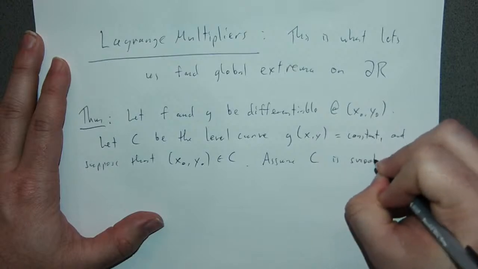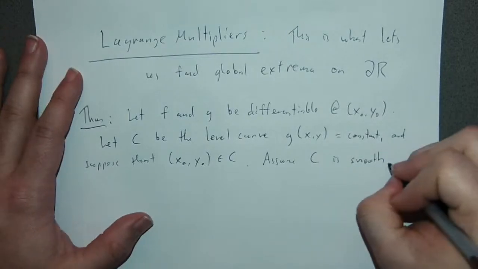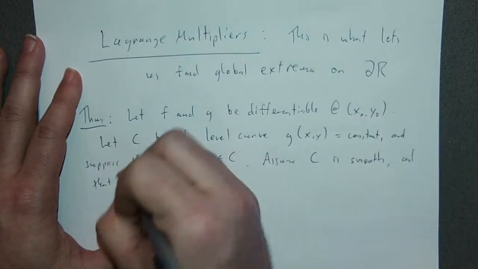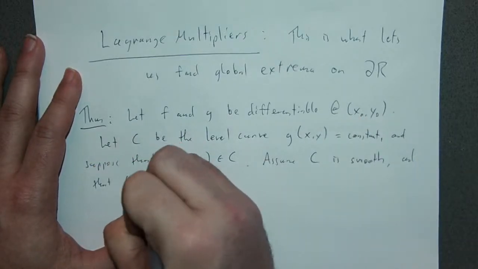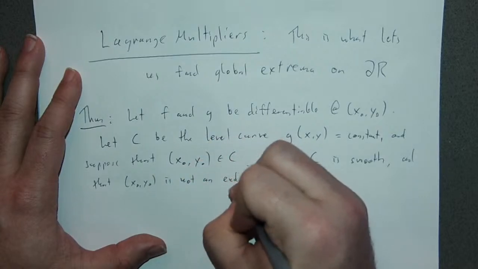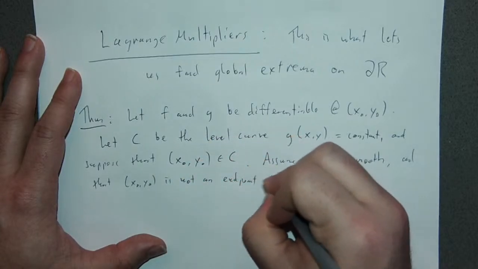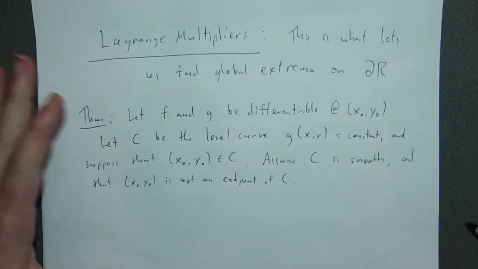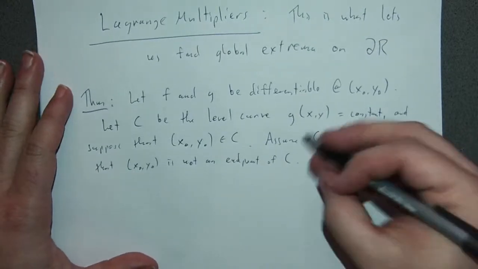We know what it means for a curve to be smooth, right? That was chapter 12. And that (x naught, y naught) is not an endpoint of C. All right, this is the setup.